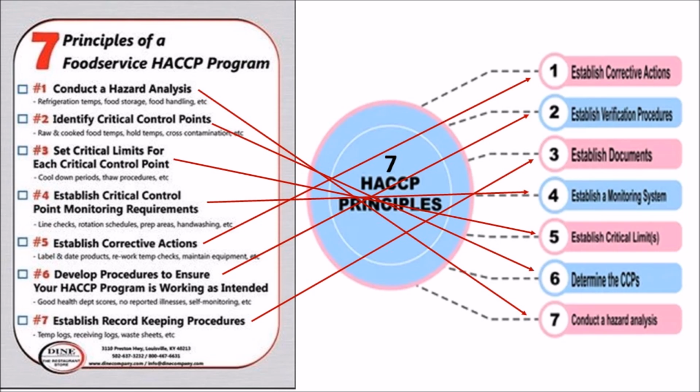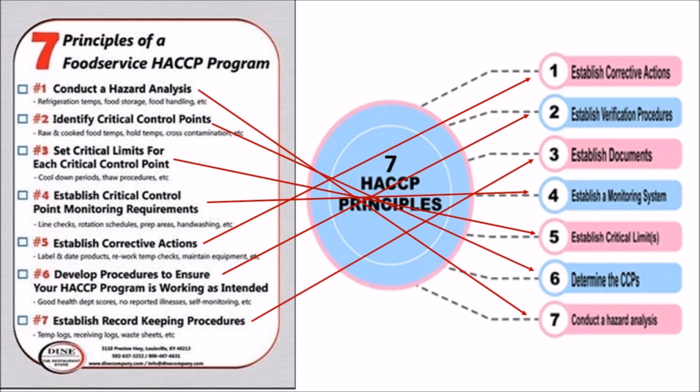For example, number 7, establish record keeping procedures. Establish document. Here they are a bit more detailed: temperature logging, receiving logging, waste sheet, waste management, disposable, etc. So these are almost the same but different in terms of the words and sentences they use. This is the 7th principle.